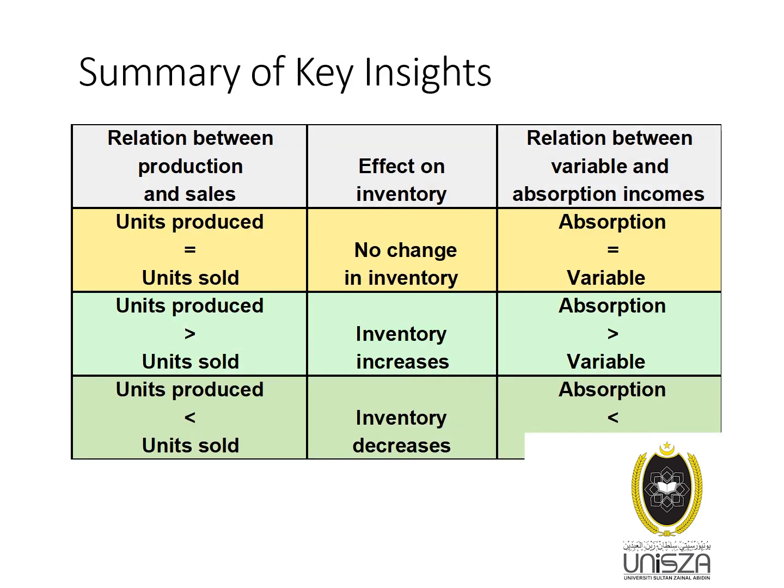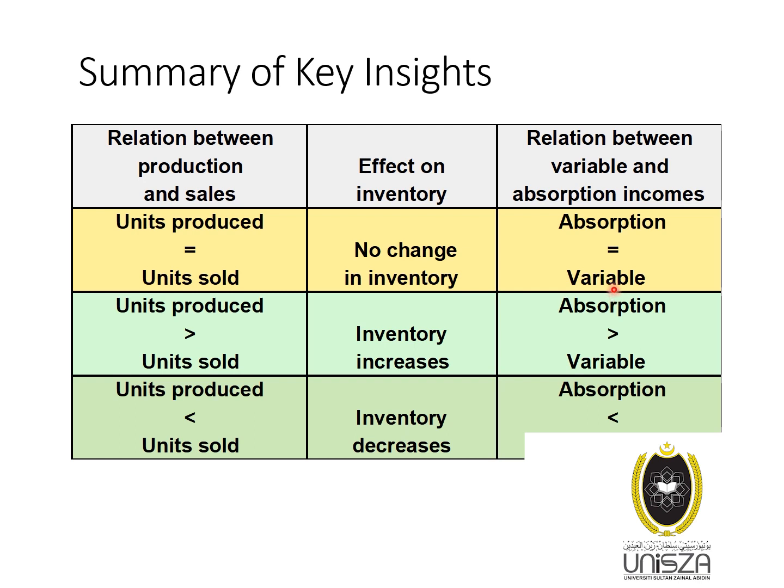So this is a summary of the key insight between the two methods of absorption and variable costing: the relation between the production and sales, the effect on inventory, and the relation between variable and absorption income. When the units produced equal units sold, there is no change in inventory, and the relation of absorption and variable is the same.